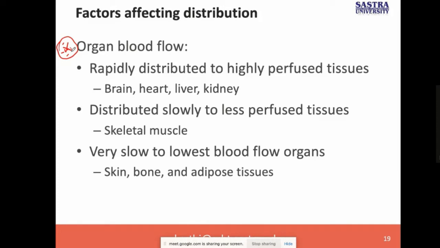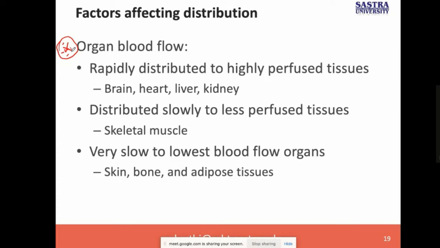But if you think of the rate of blood flow, it is not constant throughout the body. Some parts of our body receive the blood at a higher flow rate, and some organs, tissues, cells receive the blood at a slower rate.